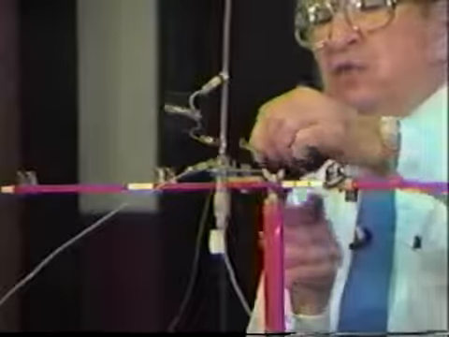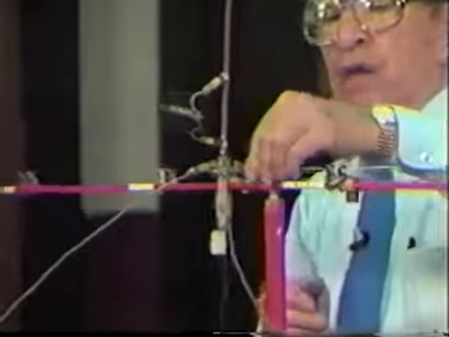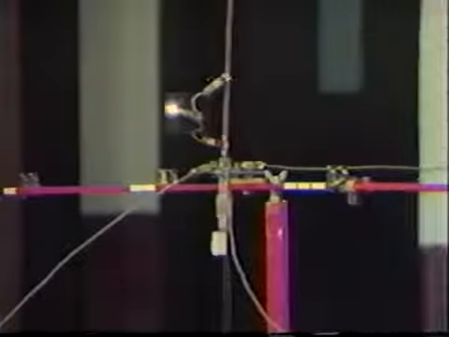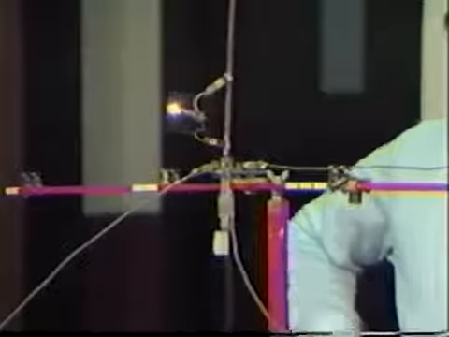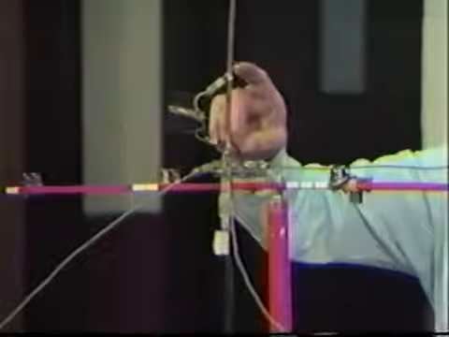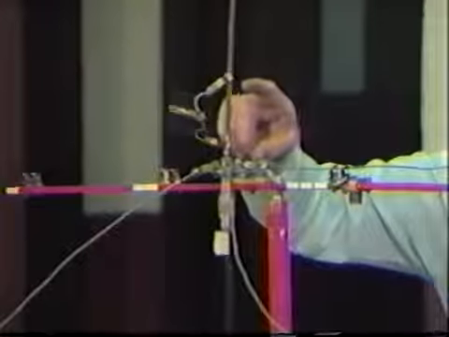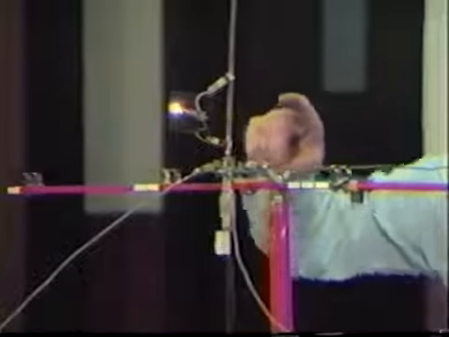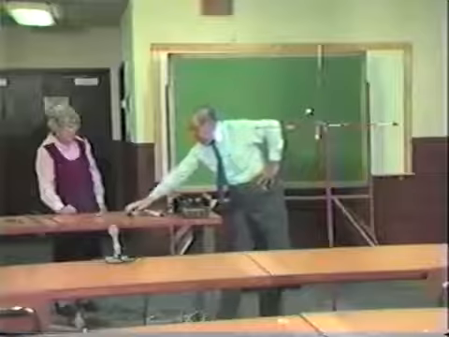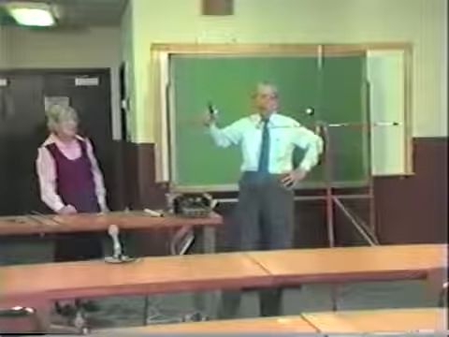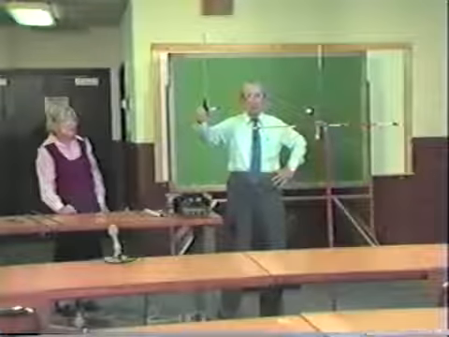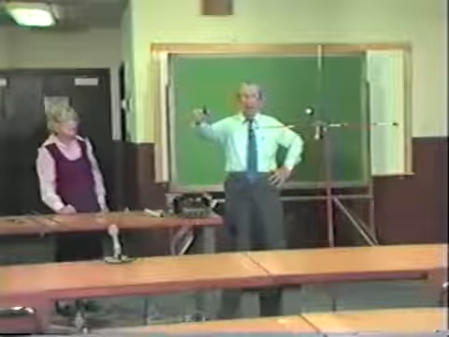Now all we did was clip on and create a ground plane effect. Now I want you to see something. The lamp that was lit so dimly before that you couldn't even see it lit now lights brightly, and now there's no question about pickup from the antenna. Can you see it? No question about the horizontal vertical plane of this antenna.